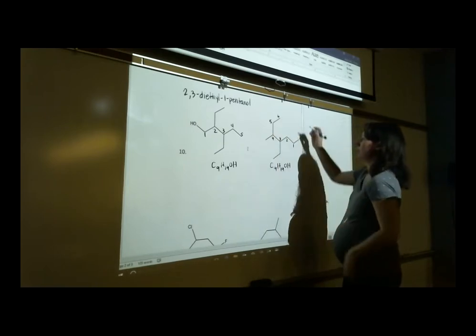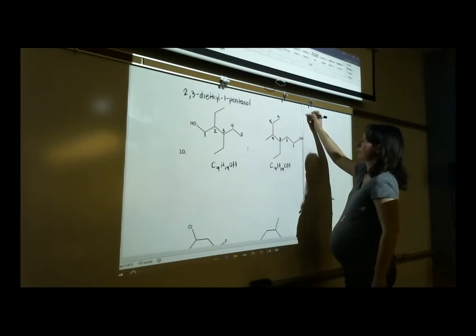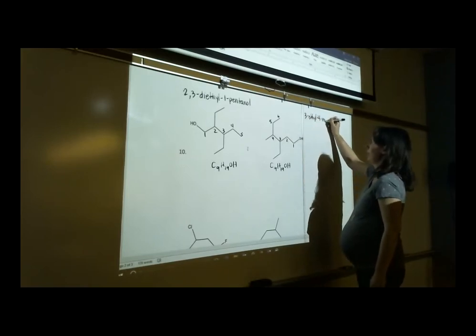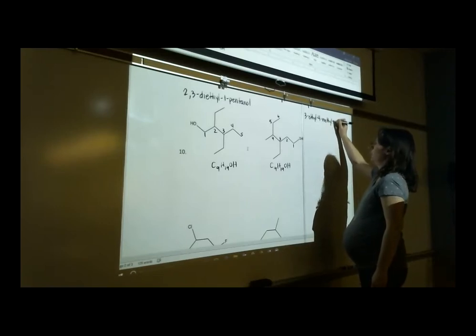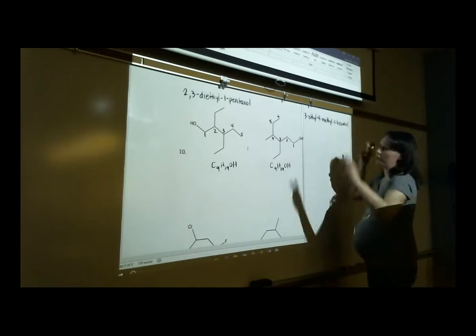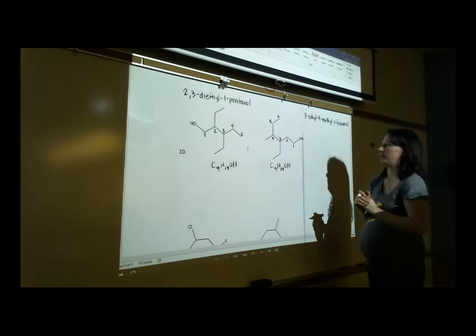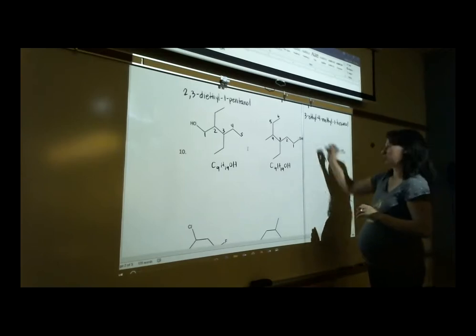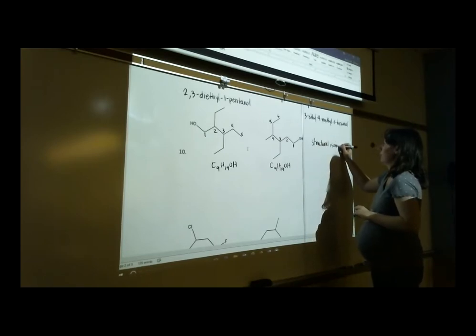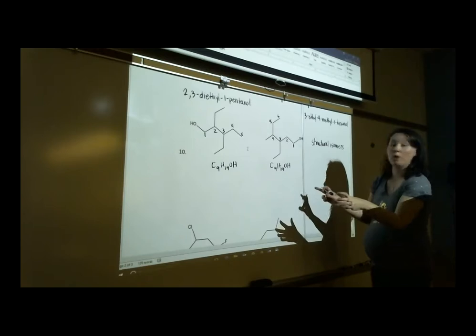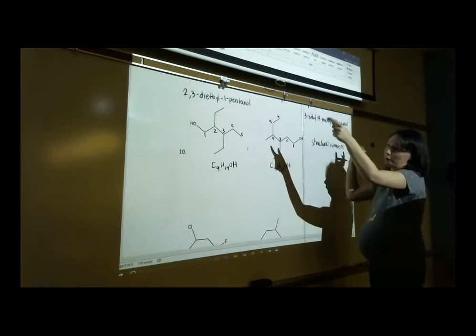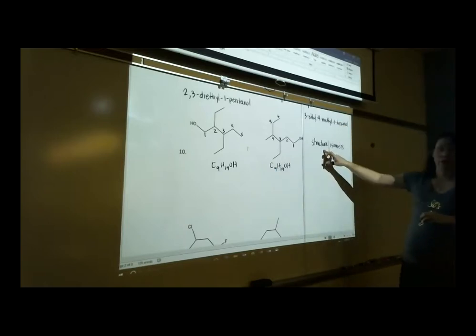So this would be 3-ethyl, 4-methyl, 1-hexanol. They have different names, same formula, so what must they be? Structural isomers, right? If they had the same name and the same formula, then they'd be the same molecule, right? But if they have the same formula and different names, that's why we conclude that they're structural isomers.